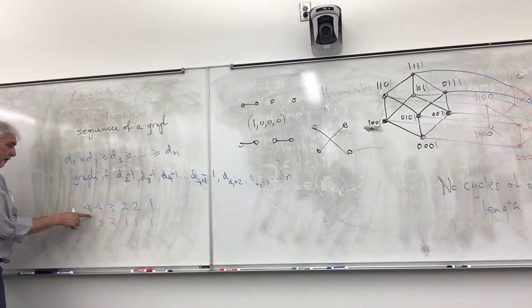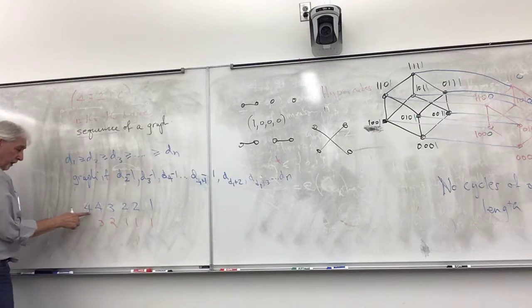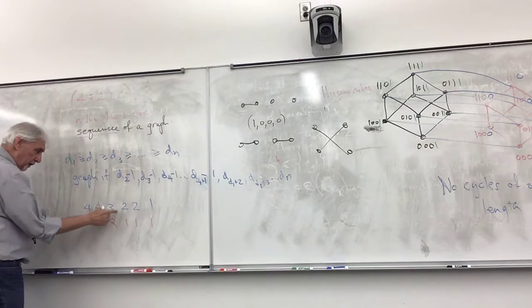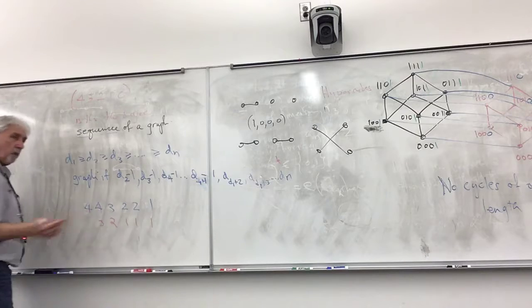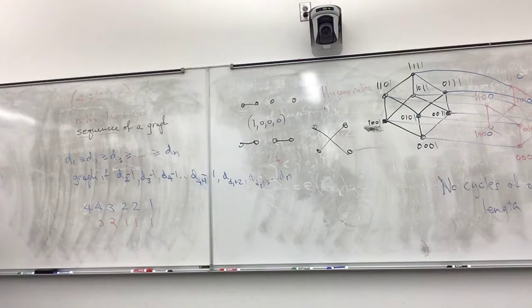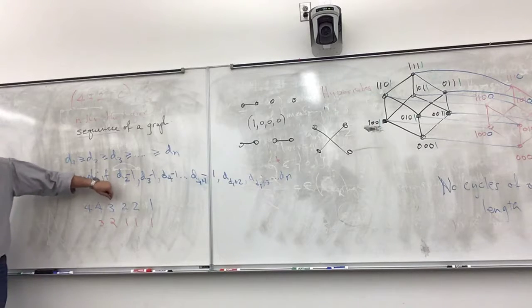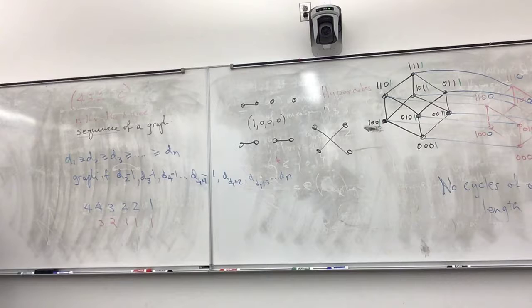One more time, I'm going to reduce the next 4 by 1. The 4 goes down to 3, 3 goes down to 2, 2 goes down to 1, 2 goes down to 1, and the 1 I just keep, the rest stays. What Hakimi showed, and we'll actually go through the proof, was that there is a realization where the vertex of highest degree is adjacent to the next, in this case, 4 vertices of highest degree.